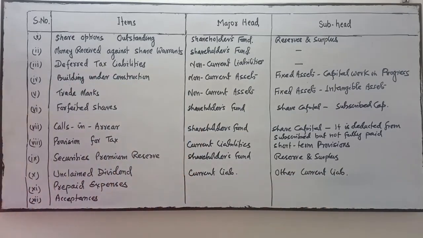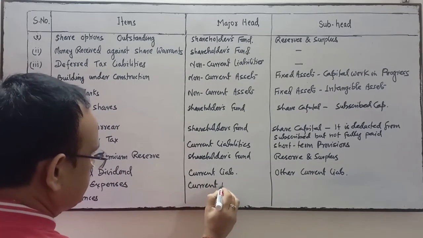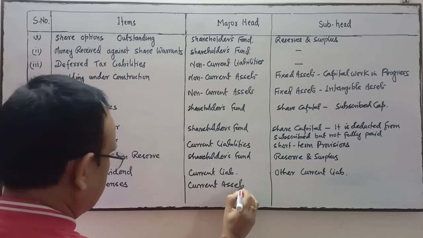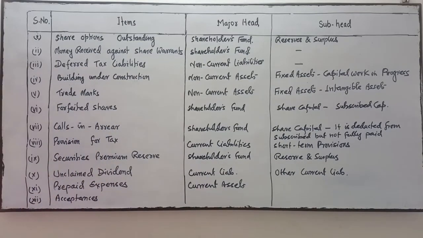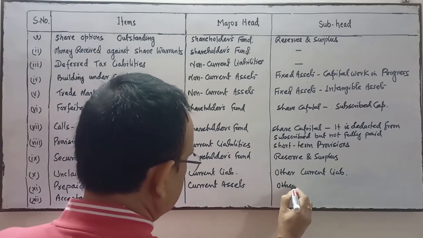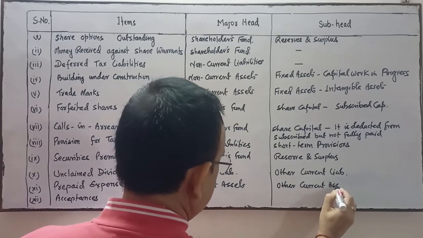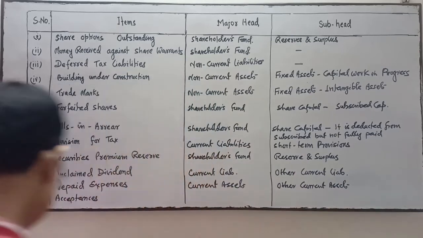Okay, prepaid expenses comes under the current assets, and the subheading is other current assets.